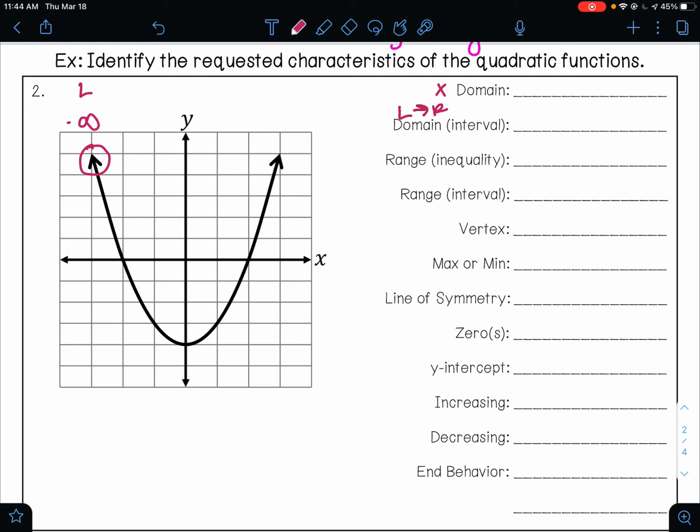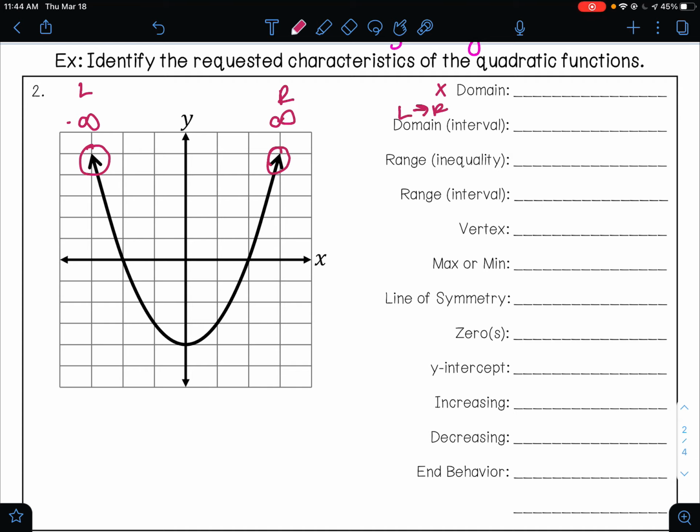My furthest point to the right, well, that's this right here. And I know that this is going to continue on to the right forever because of the arrow. And if I continue going on in this direction forever, my x values are going to get more and more positive, and eventually I'll end up at positive infinity.